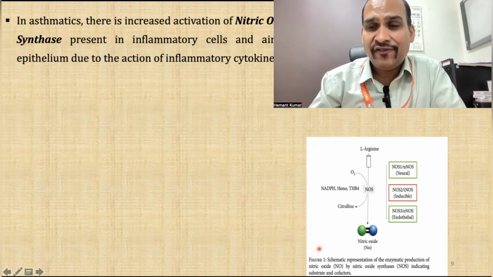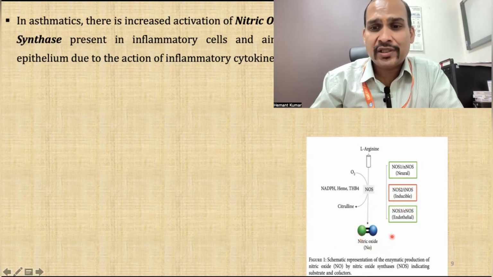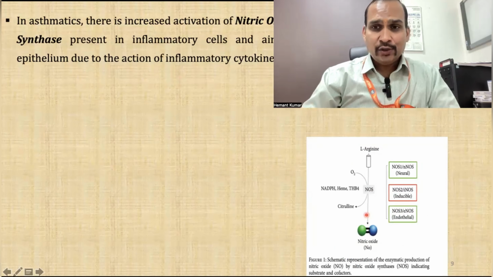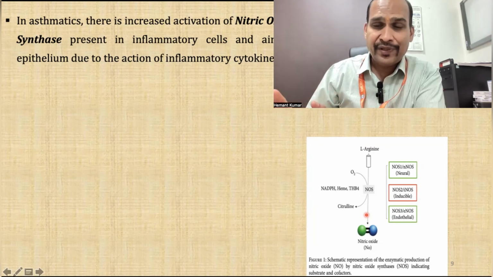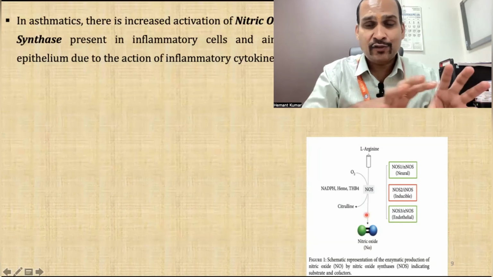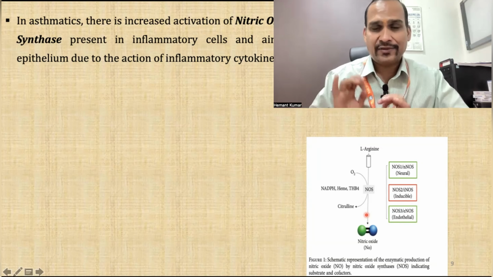These inflammatory cytokines increase the inducible nitric oxide synthase. Because of increased nitric oxide synthase, there is more production of nitric oxide from L-arginine. So this excess amount of nitric oxide is there in asthma patients who have the eosinophilic type of asthma, that is, type 2 inflammatory asthma.